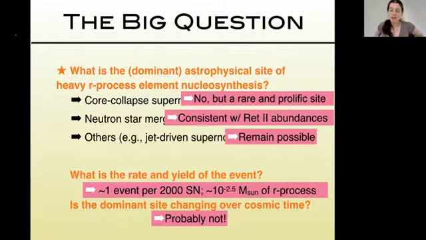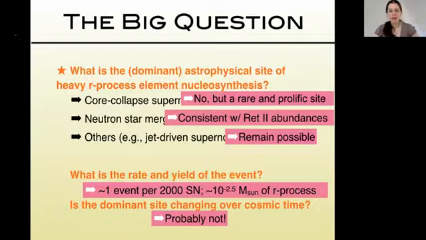And I should say, by the way, this was all prior to the first LIGO discovery of a neutron star merger. That certainly cemented that neutron star mergers can make the R-process, or that the R-process is operating there. So that was, of course, a very important result for us. But I think there's probably more, and so other types of supernovae remain a possibility, and there are multiple papers out there.